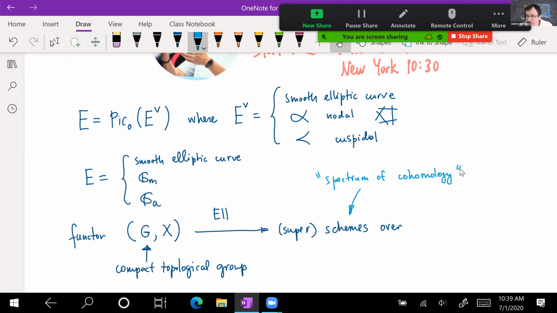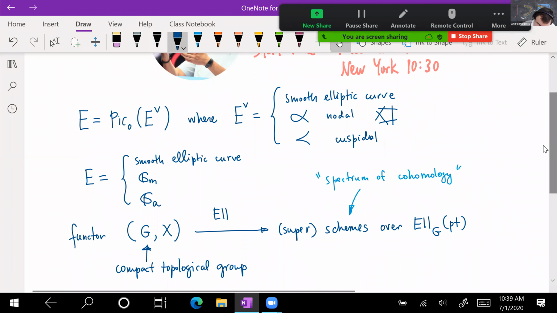K-theory is a ring, usual cohomology is a ring, but we can take their spectrum. But elliptic cohomology is not a ring. It's really a sheaf of rings over some space, and so we just take that spectrum over. And so this would be over the elliptic cohomology of a point.